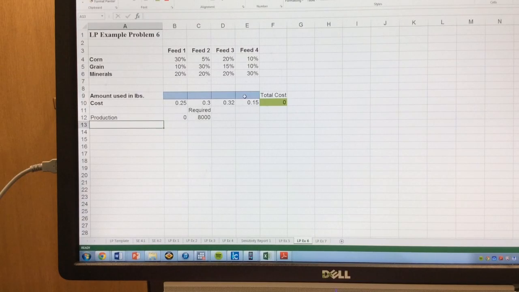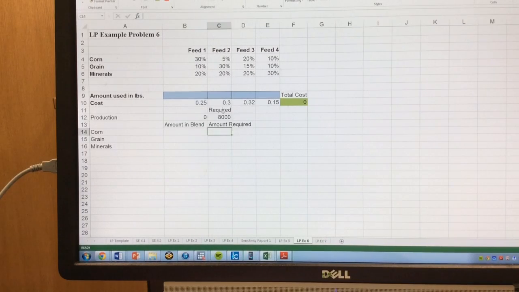The next constraint we want to think about is, there's one with corn, there's one with grain, and there's one with minerals. So with corn, we want to know what's the amount in our blend and what's the amount required.